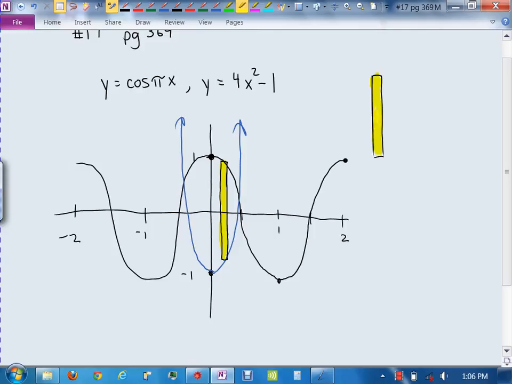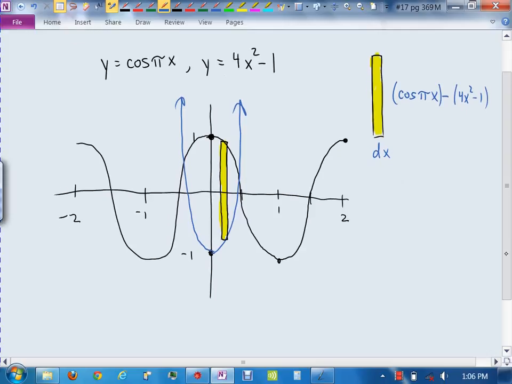What's the bottom one? Cosine pi x is on top, so it'll look like this. Cosine pi x minus the other one, which is the 4x squared minus 1. And then this is the dx. Right, so that's still following what I've been doing, right? Okay.